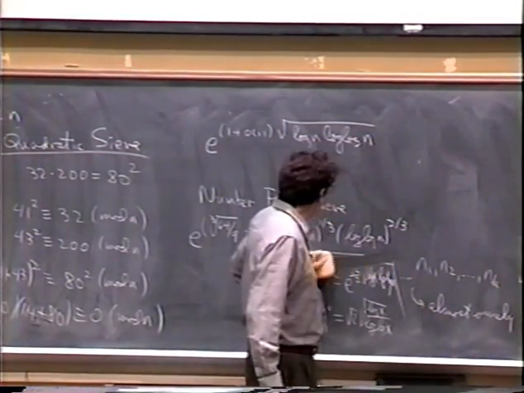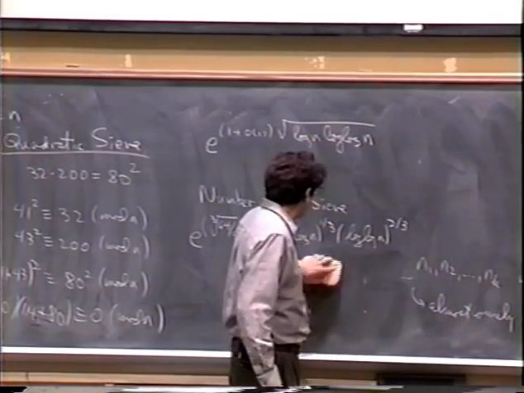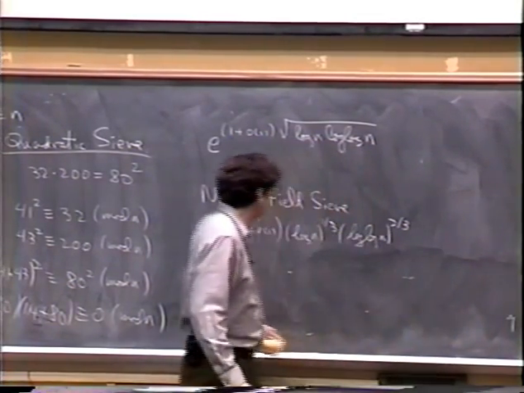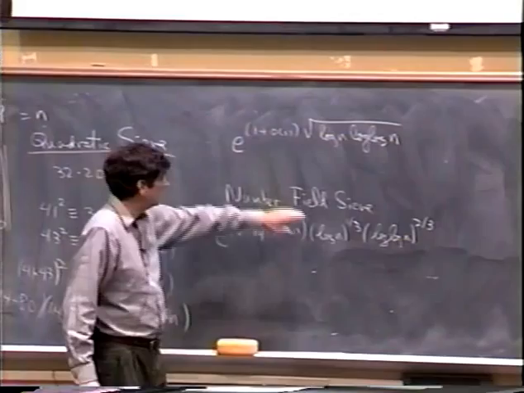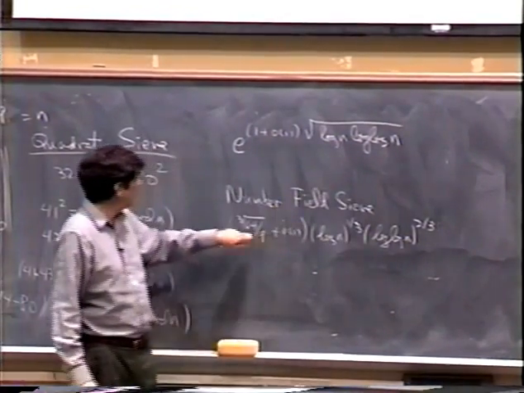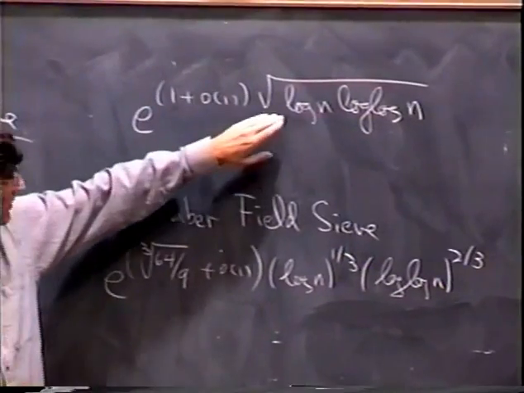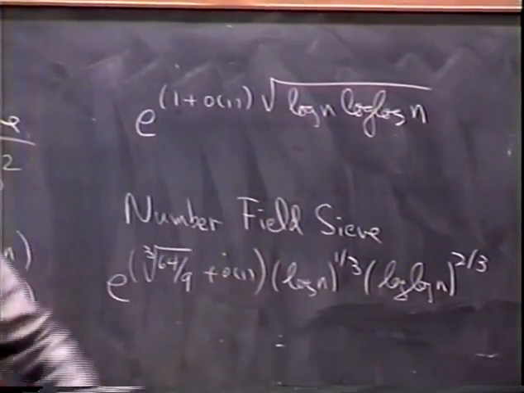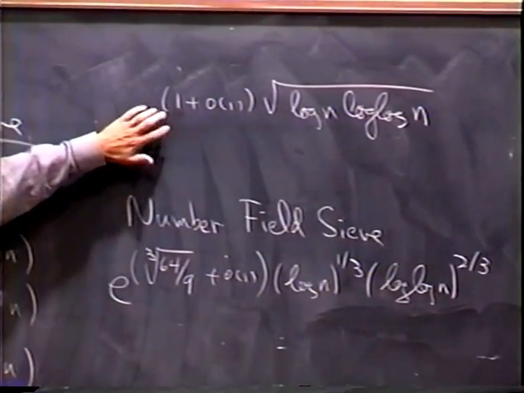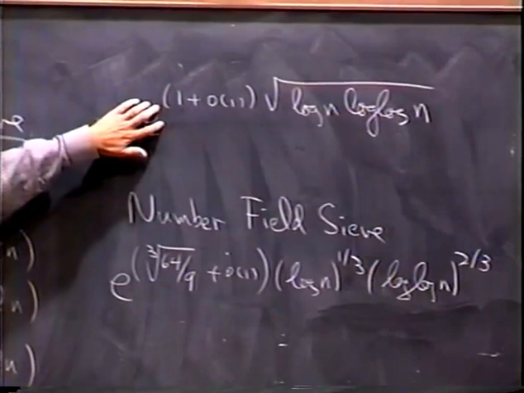Now, there are two things that are bigger in this exponent than this one. The log n is raised to a higher power, and this number is close to 2. Well, that's 1. And the most important thing, though, is smaller. Nevertheless, for small n's, this is a smaller function, not a bigger function.